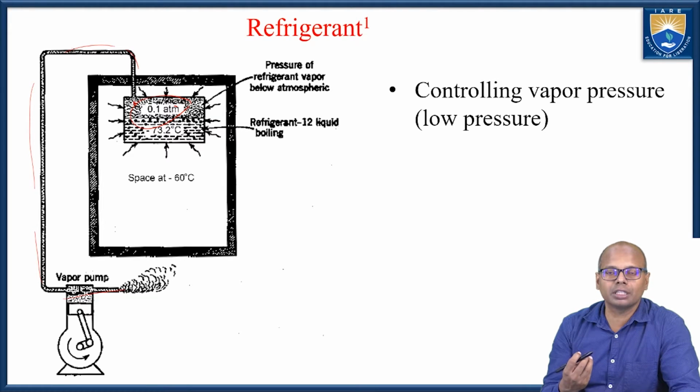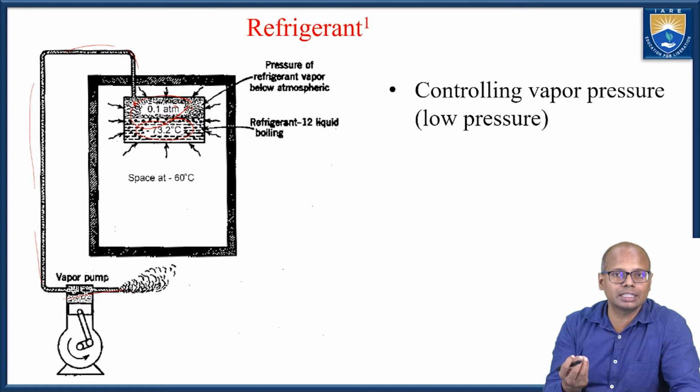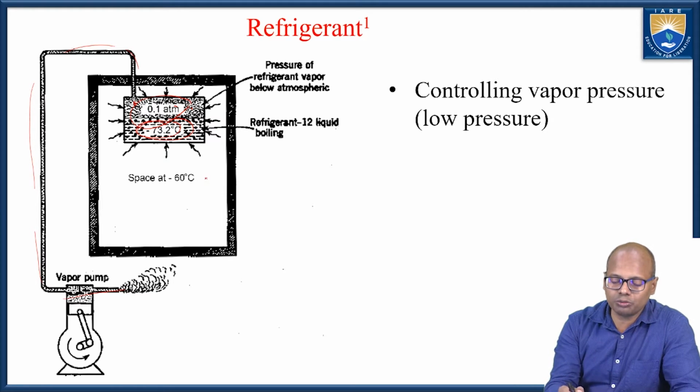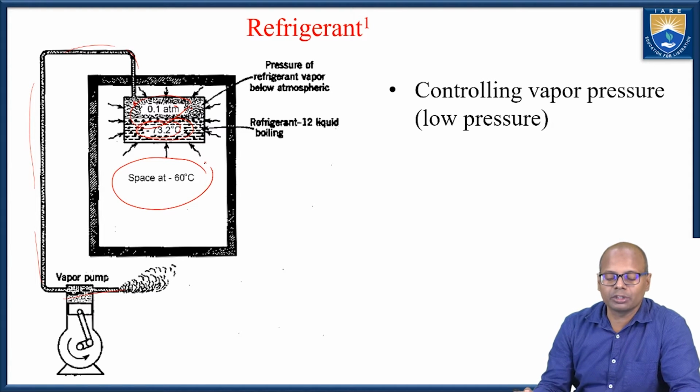When the pressure is below atmospheric, even at minus 73 degrees centigrade the refrigerant gets evaporated. When it evaporates at minus 73 degrees centigrade, we can keep the refrigerated space at as low as minus 60 degrees centigrade.